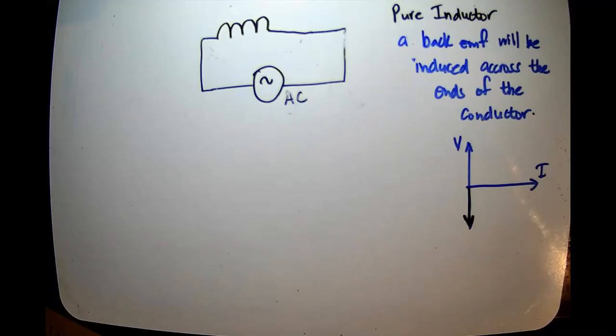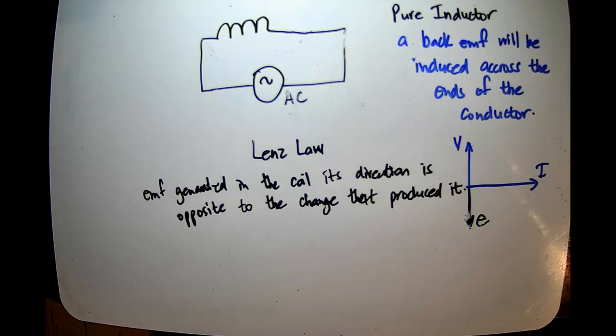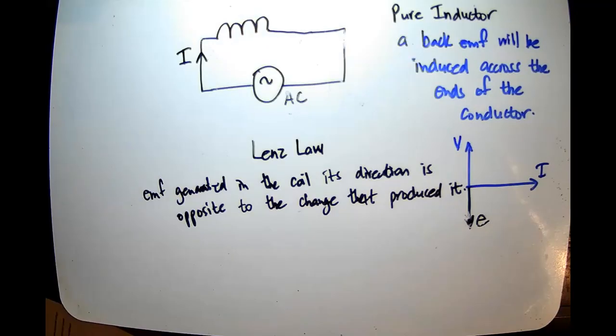Notice that the back EMF is in the opposite direction of the applied voltage. So they are 180 degrees in the opposite direction. So they are out of phase. So we have Lenz's law, which fulfills this. That's the EMF generated in the coil. Its direction is opposite to the change that produced it.